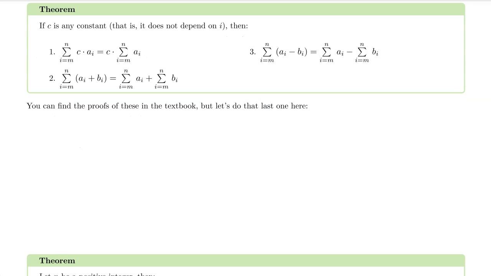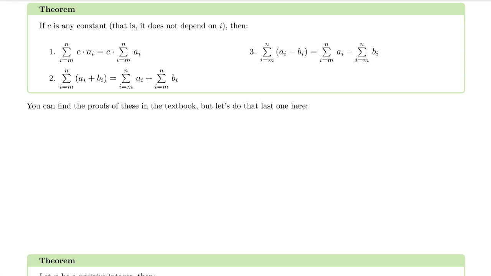Here's a theorem. It says if c is any constant, that is, it does not depend on the index i, then part 1 of the theorem says that if you have a summation of some constant times something that's affected by the variable, you can actually pull out the constant outside of the summation, and those will still be equal.